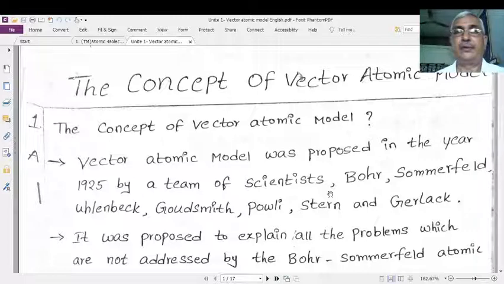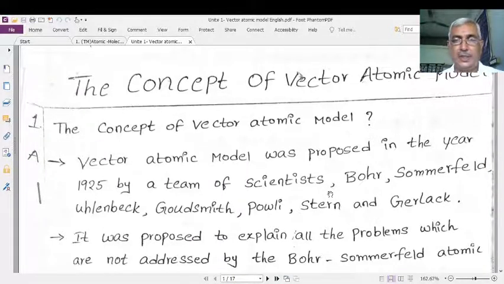These are known to you from your previous classes, that's why I will go through all the points at a certain speed. According to this model, every electron revolves around the nucleus in circular orbits, and the electrostatic force of attraction between the electron and the nucleus provides the necessary centripetal force.